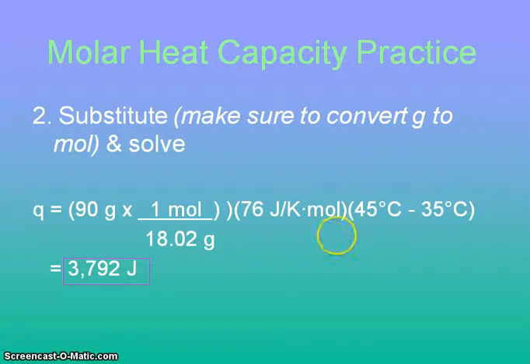So if I were to convert both of these values to Kelvin, I would get 318 Kelvin and 308 Kelvin. That would still give me a 10-degree difference. 45 minus 35 would be a 10-degree difference. So anytime you're doing a subtraction problem like that, you don't necessarily have to convert from Celsius to Kelvin. If you're doing an individual temperature, then you definitely need to add the 273 and convert it into Kelvin.